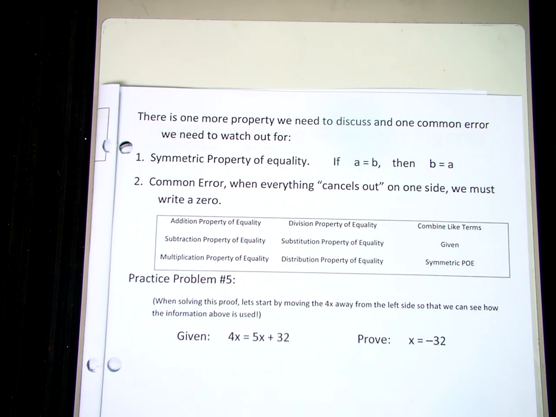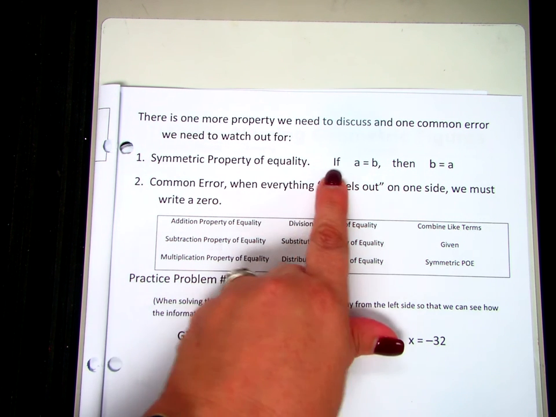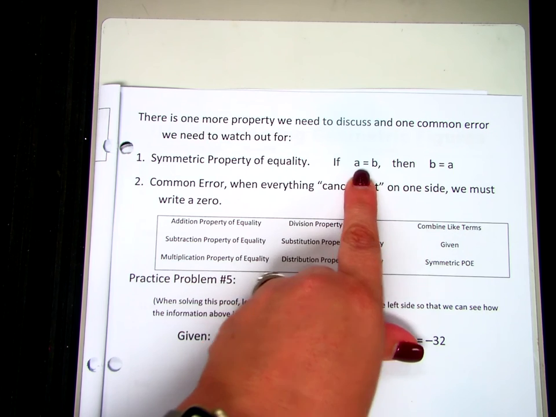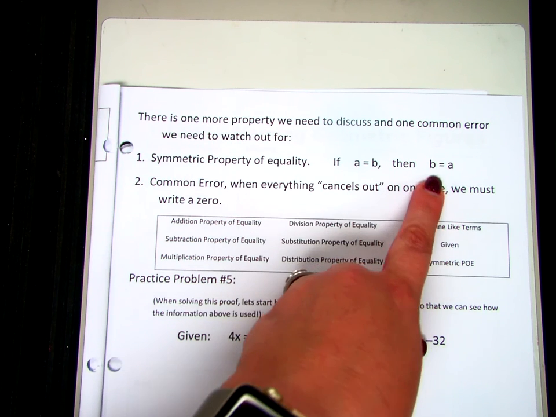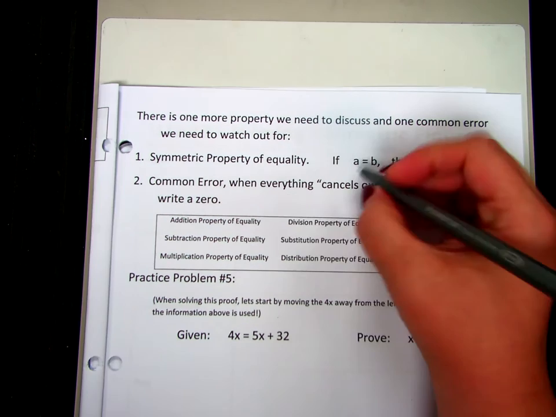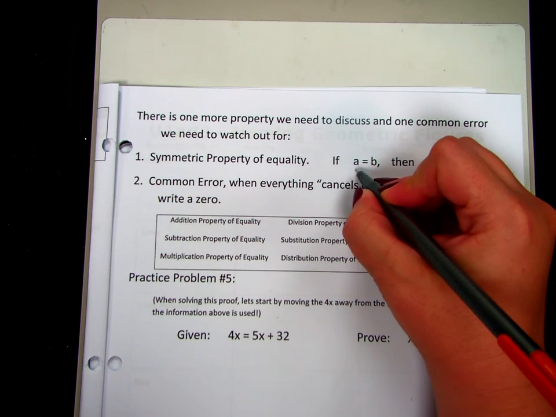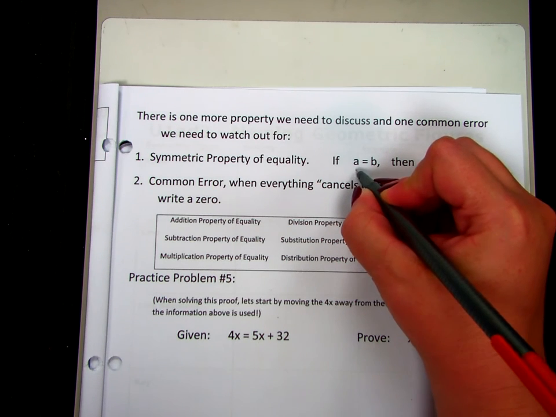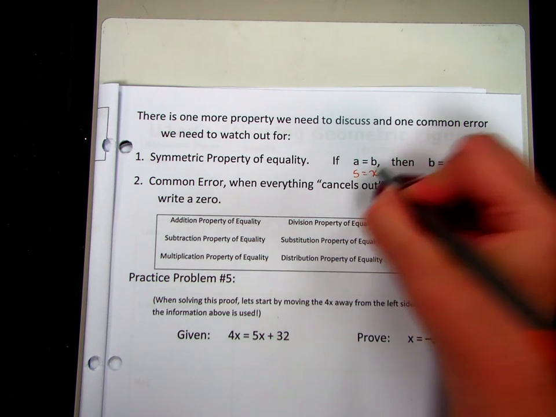There's one more property we're going to discuss today, and one more common error that we need to watch out for. So the new property that we're going to talk about is the symmetric property of equality. That says if A equals B, then B equals A. You use that when you get stuck with something where you're trying to prove that x equals 5, but you end up with 5 equals x.